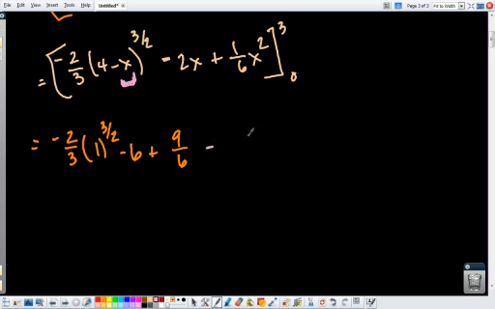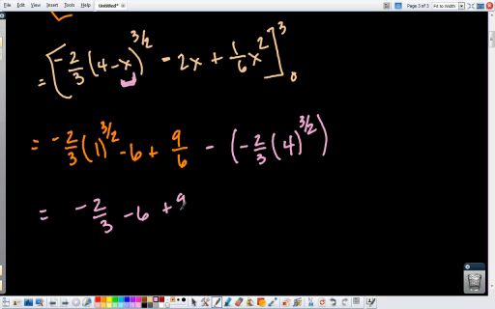So we need to subtract -2/3 times (4 minus 0) is 4 to the 3/2. Now, since these are both multiplied by x, those are going to be minus 0 and plus 0, so I'm not going to continue. So we end up with -2/3 minus 6 plus 9/6 plus, okay, so now let's go ahead and deal with this here.